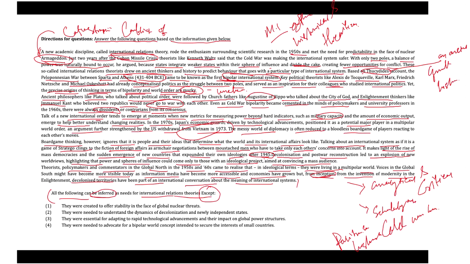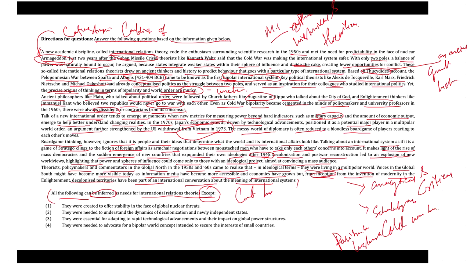It means it is stated as "except", so all of the following can be inferred as needs for international relations theory. Only one option cannot be inferred from the text. So the question asks which statement cannot be inferred as a need for the development of international relations theory.